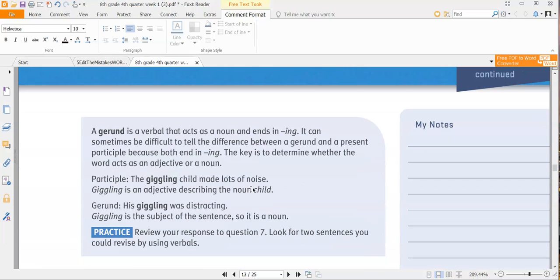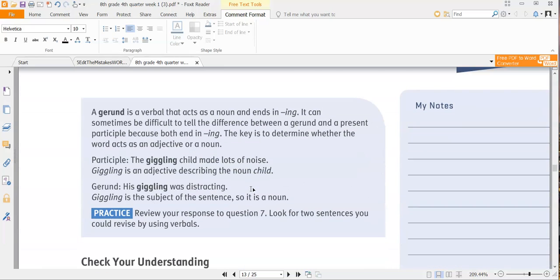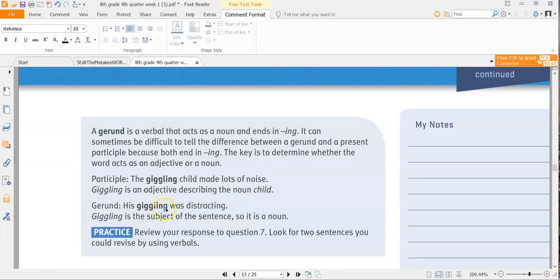It describes something that we like to do. It's an action. So here we have the giggling child made lots of noise, where it's a participle, where giggling is describing child, but here we have his giggling was distracting, meaning like the giggling that he was making, his giggling.